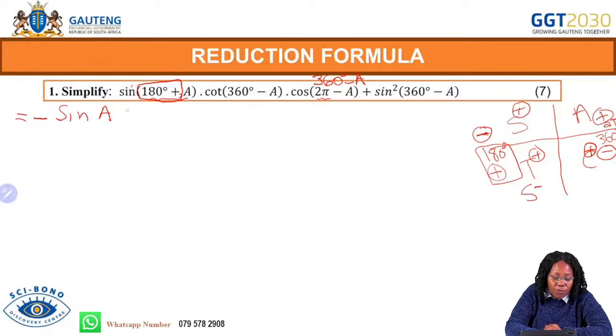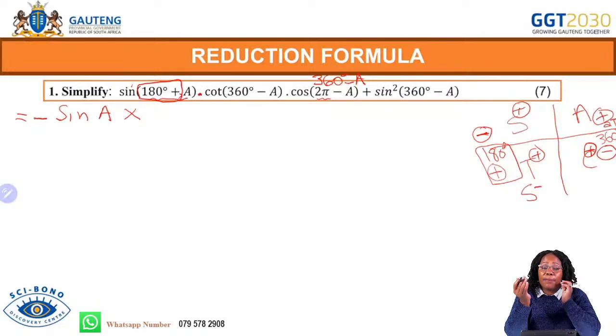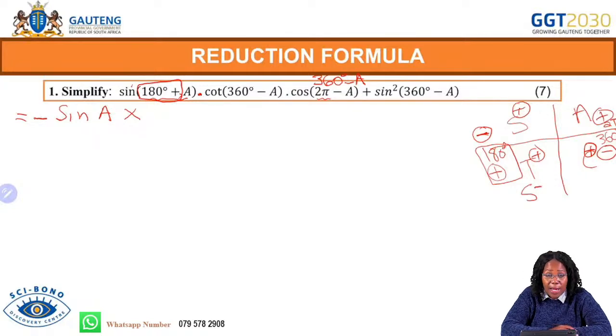And then now we move to the second ratio. Multiply. Please avoid these dots, because if it's minus, you end up subtracting instead of multiplying. So use the normal multiplication sign and avoid the dots. So you have cot of 360 minus A. I'm not writing anything. I go to the quadrant. Which quadrant is that?